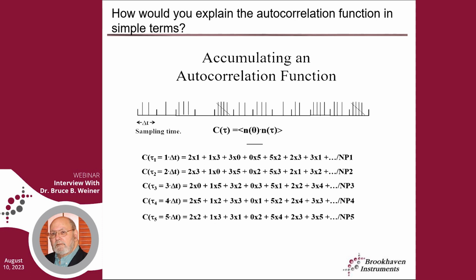And so you form the products, you add them up, you divide by NP, the total number of bins, and that defines your correlation coefficient.